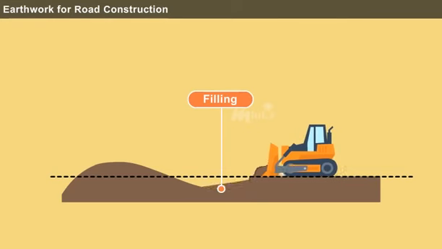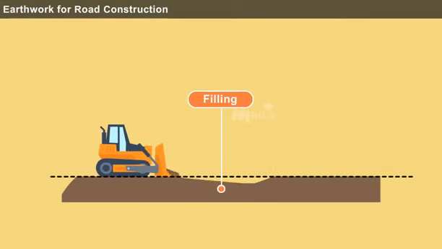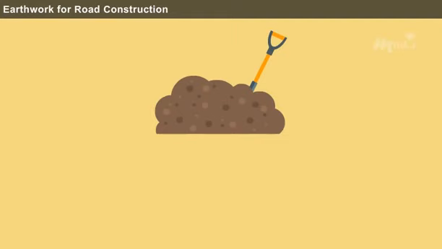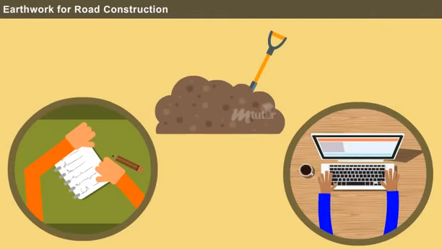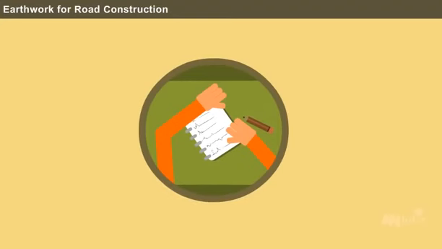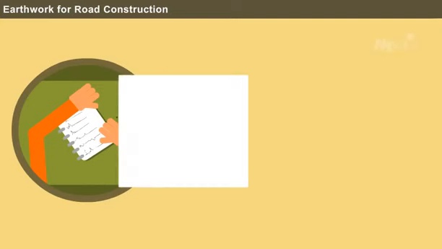Filling is the process of moving and leveling the excavated earth to a site to achieve the required formation level. This quantity of earthwork is calculated either manually or using computer applications. In the manual method, the quantity of earthwork to be excavated is calculated using the following formula.